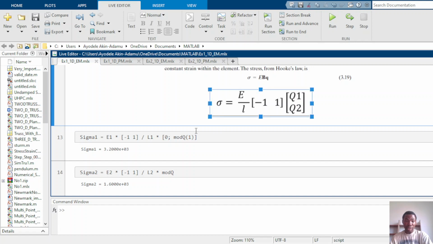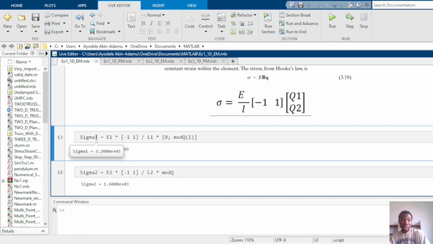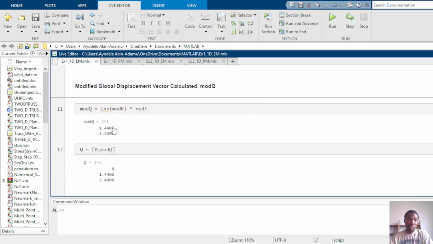So I'm using this formula here to calculate the stress in each element. I denote the stress using this variable sigma 1. So sigma 1 equals E1 times this minus 1 1 vector divided by the length, this L, multiplied by this displacement vector. Since it's element 1, the first position will be 0, Q1, and the second position will be the first element of the modified Q matrix, 1.4.